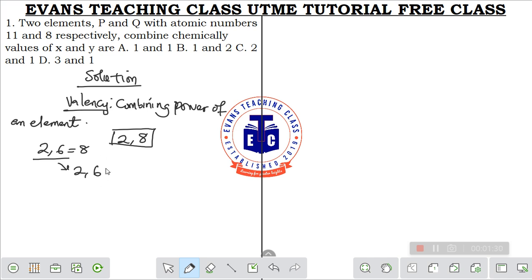Before oxygen can become 8 from 6, it needs 2. So oxygen needs to gain 2 electrons to become 2,8. And gaining in chemistry means you gain minus.